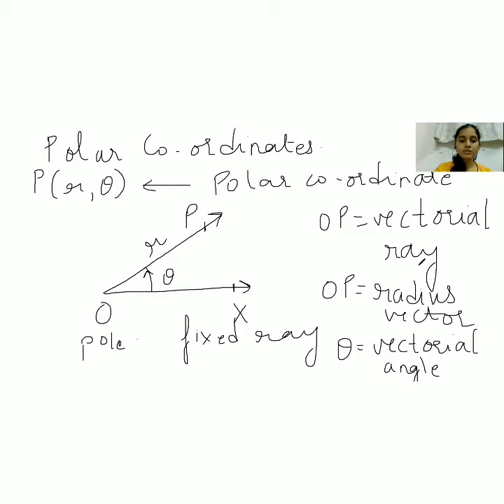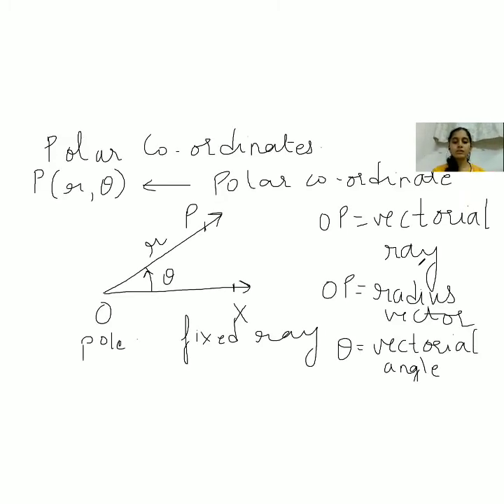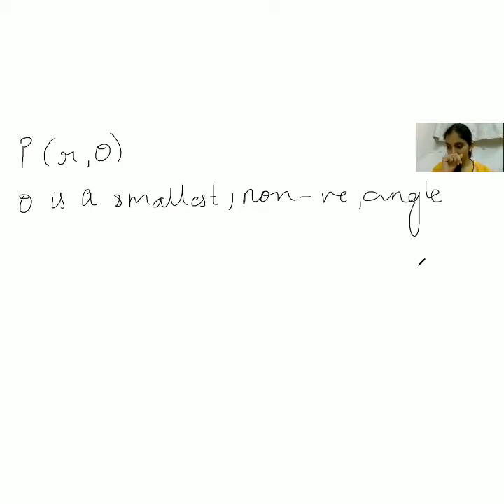Then the coordinates of point P are given by r comma theta, where r again is your radius vector and theta here is your angle made with the fixed ray. Now, what should we know about theta? Theta is the smallest non-negative angle made by OP with the fixed ray OX.